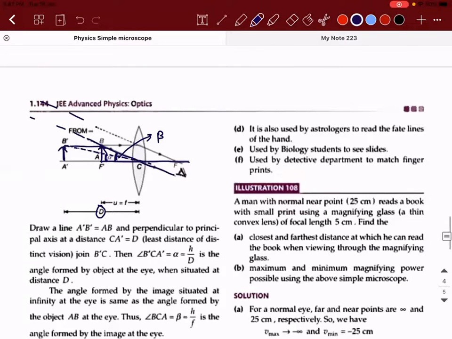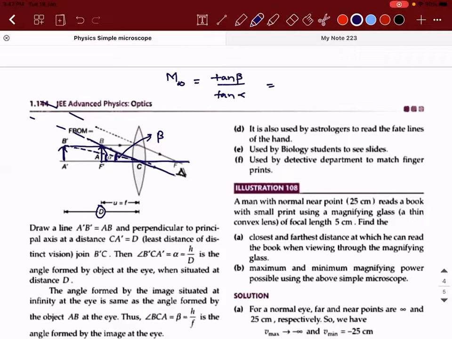Again, what is magnifying power? This time it is not going to be MD, it is going to be M infinity: tan beta divided by tan alpha.